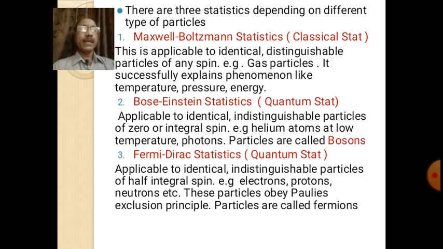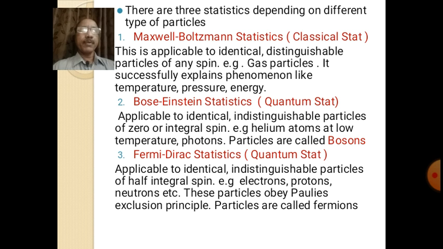So, these particles having half integral spin, which are identical, indistinguishable, obey Pauli's exclusion principle. So what is Pauli's exclusion principle? No two electrons of the same atom can have all the 4 quantum numbers the same. So this is Pauli's exclusion principle.